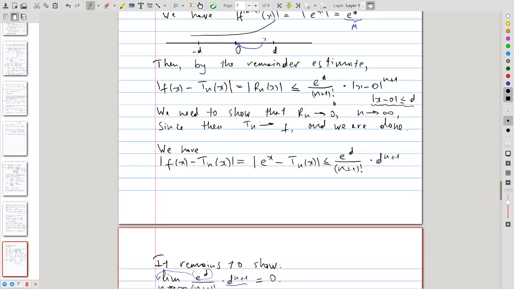So this is precisely what our discussion demonstrates, right? We took the difference, the Rn of x, we estimated it by this number, and then we showed that this number goes to 0. The right-hand side over here goes to 0.